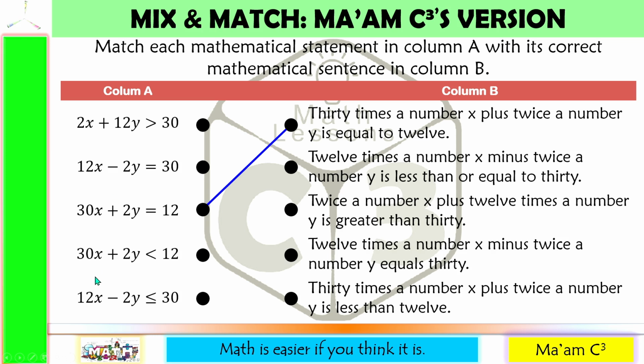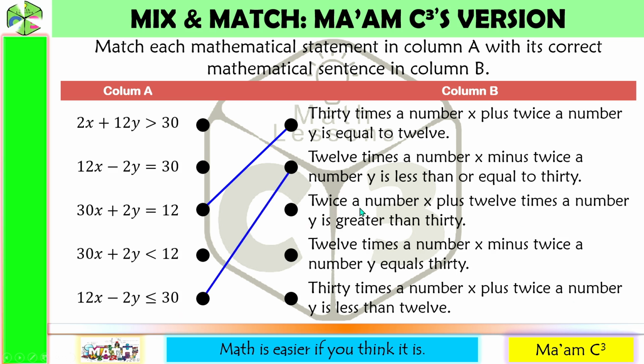I have here 12x. Minus twice a number y. Same. Is less than or equal to 30. This one is equal. This one is less than or equal to 30. So this is the correct answer.